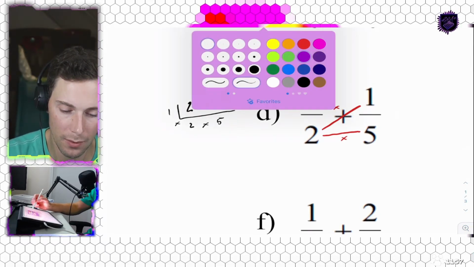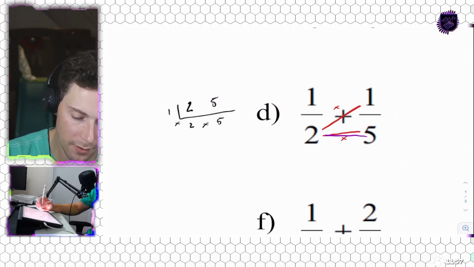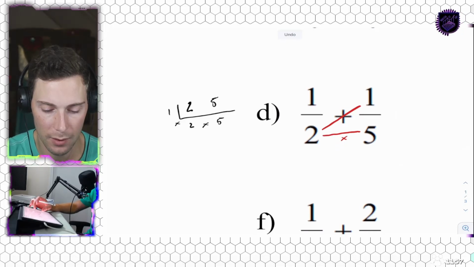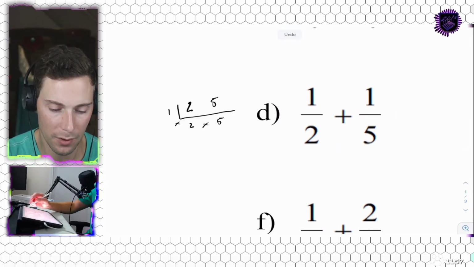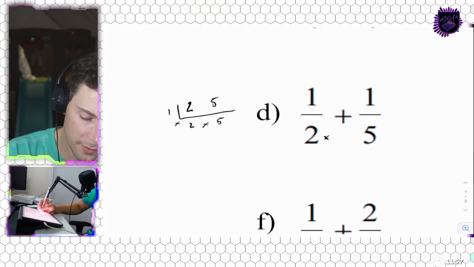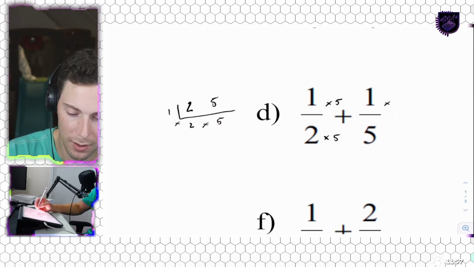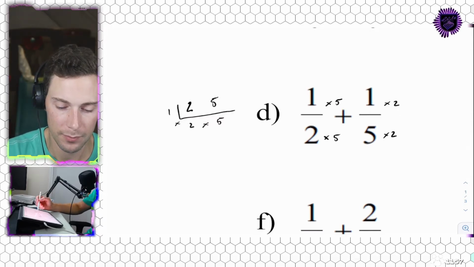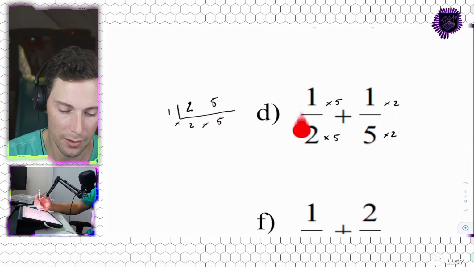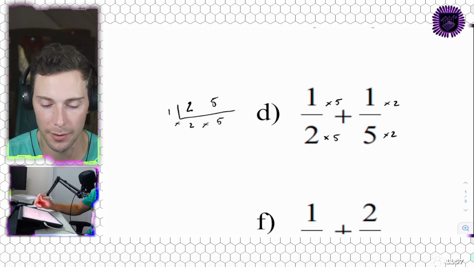and 5 times these two numbers. And what that might look like afterwards, after all this deleting, is simply times 5, times 5, times 2, times 2. So you're multiplying this whole side by this denominator, and this whole side by this denominator.